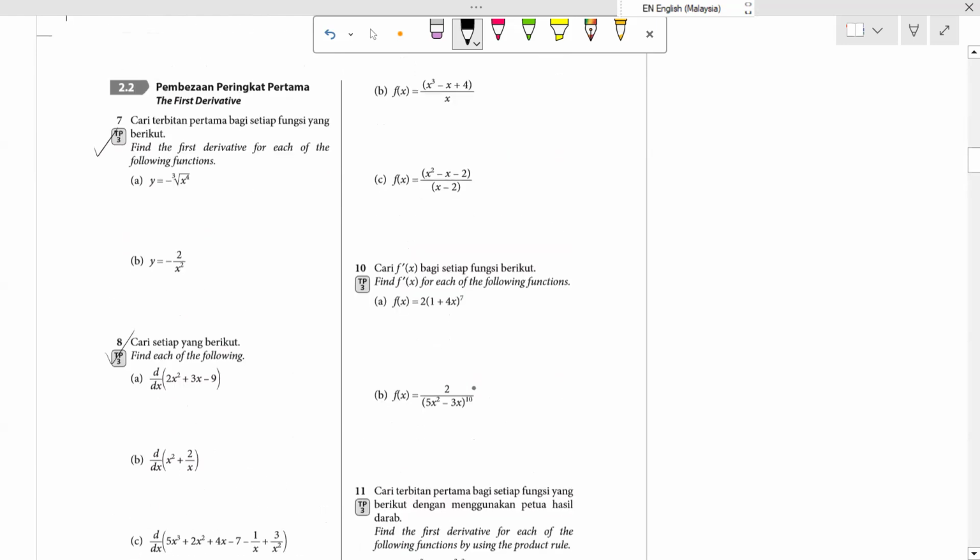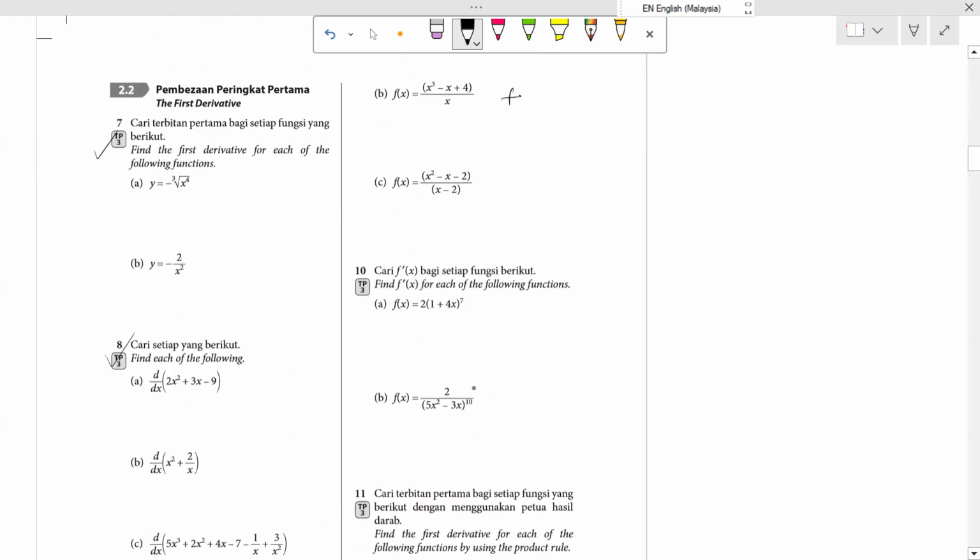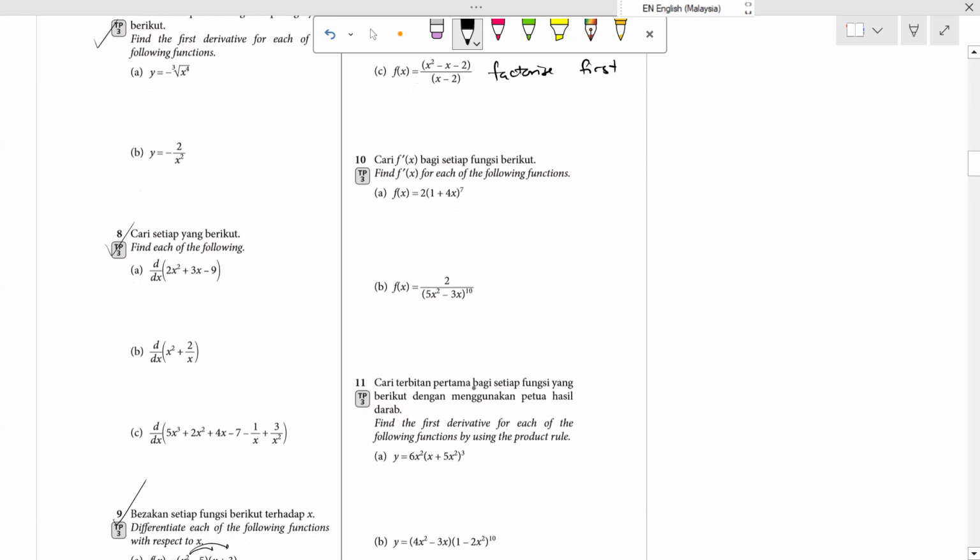This one, you factorize first so that there is no quotient, no multiplication. This one also you factorize first. Okay, no need to use special rules, just factorize and then differentiate using the concept that we were using just now. I don't want to cover too many things.